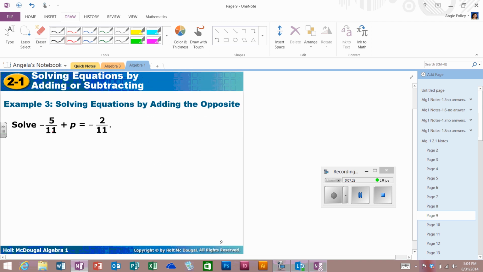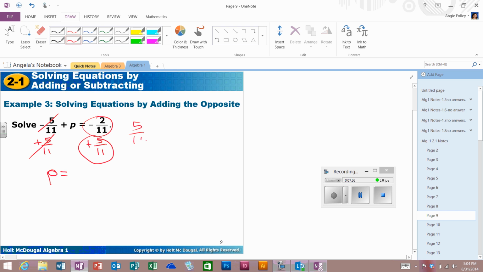Okay, so here's an example. I have a negative 5/11 next to the p. They're on the same side. So in order to get rid of it, I need to add 5/11. And if I do it to one side, I have to do it to the other. So those cancel, so I have just the p left on this side. Now I have a negative 2/11 and a positive 5/11.